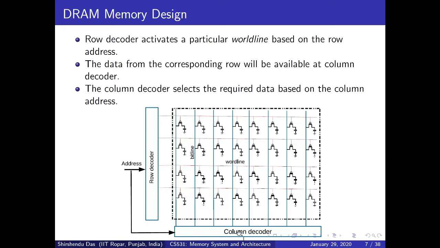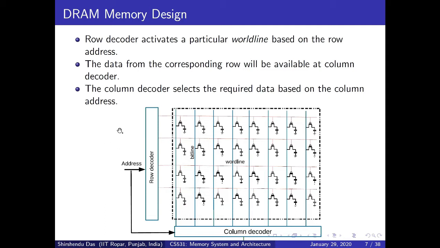Now, we don't want the entire row. As I said at the beginning, I just want to read row number 1, column number 1. Row number 1 is now available in this row buffer. So now I'll supply column number 1 through this line, and it will go through the column decoder to the row buffer, and then from the row buffer I can read the content, which will come out through this line.